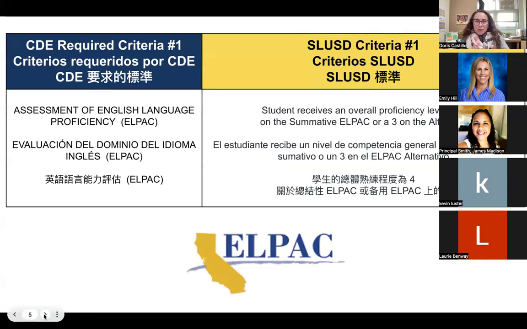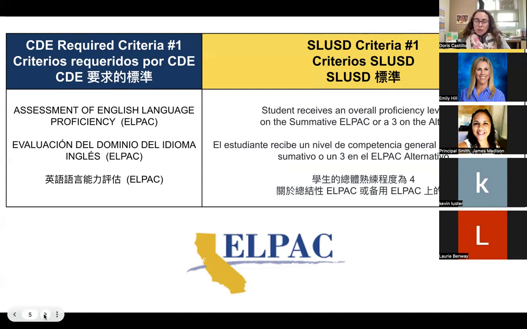So let's start first with what are the reclassification requirements? Reclassification is for students who are English learners. Most of you have students who are English learners and who are learning English, or multilingual students who are emergent bilinguals.